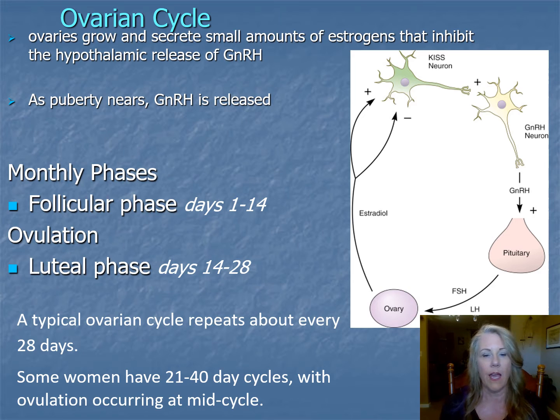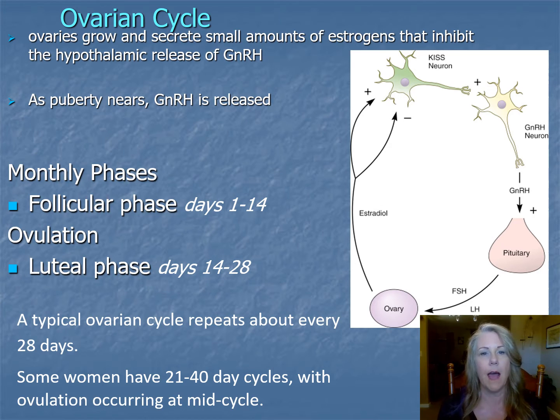And some women will have what we call irregular cycles, and they won't be the same every single month. There are certain factors that will affect how long certain parts of the ovarian cycle last, and as you can imagine, it's a little bit hormone driven.